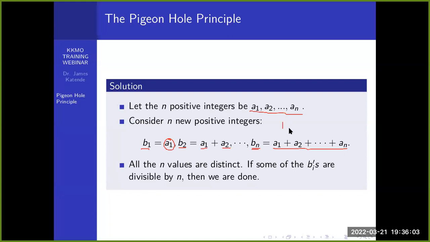What I mean by that is that B1 is strictly less than B2, so they can't be equal, and this goes on to the end. So we have established that.